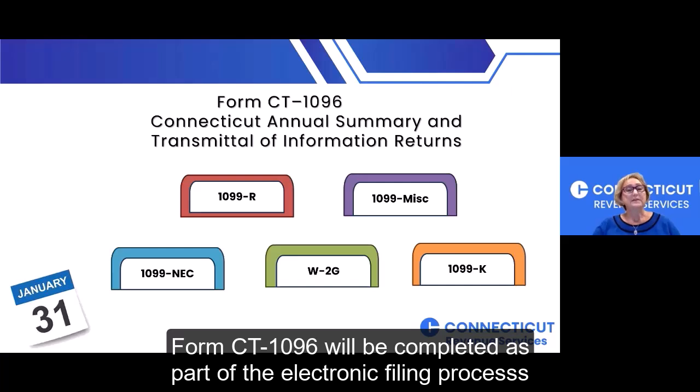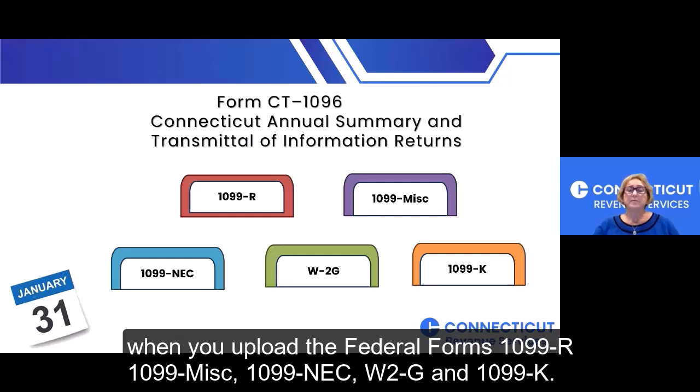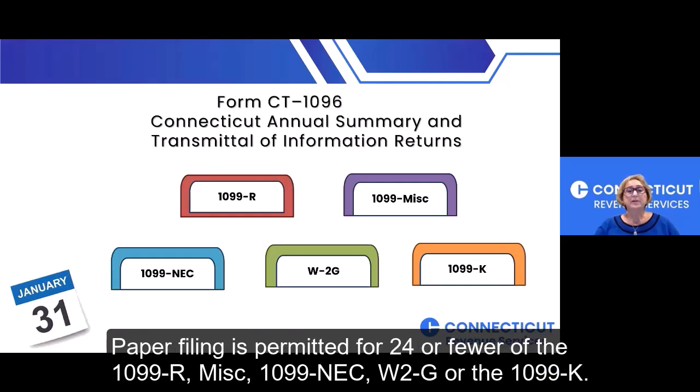Form CT 1096 will be completed as part of the electronic filing process when you upload the federal forms 1099-R, miscellaneous, NEC, W2G, and 1099-K. Paper filing is permitted for 24 or fewer of the 1099-R, miscellaneous, NEC, W2G, or the 1099-K.